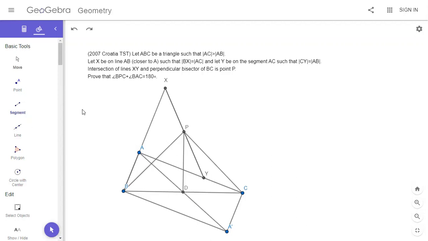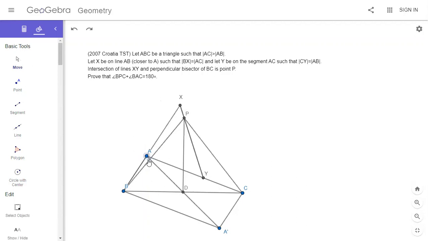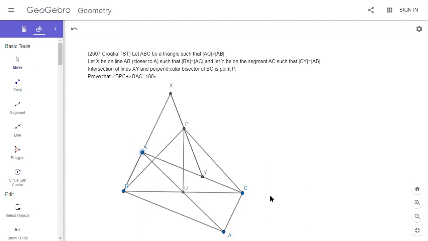Oh, I define point A prime so that A prime C is a parallelogram. I just did it by definition. I constructed it for myself. Got it. And so then, kind of like you said, we want to show BPCA prime is cyclic, right? And we know CY is equal to CA prime, and we know BX is equal to BA prime. So it's like we have two isosceles triangles, and they have the same vertex angle.